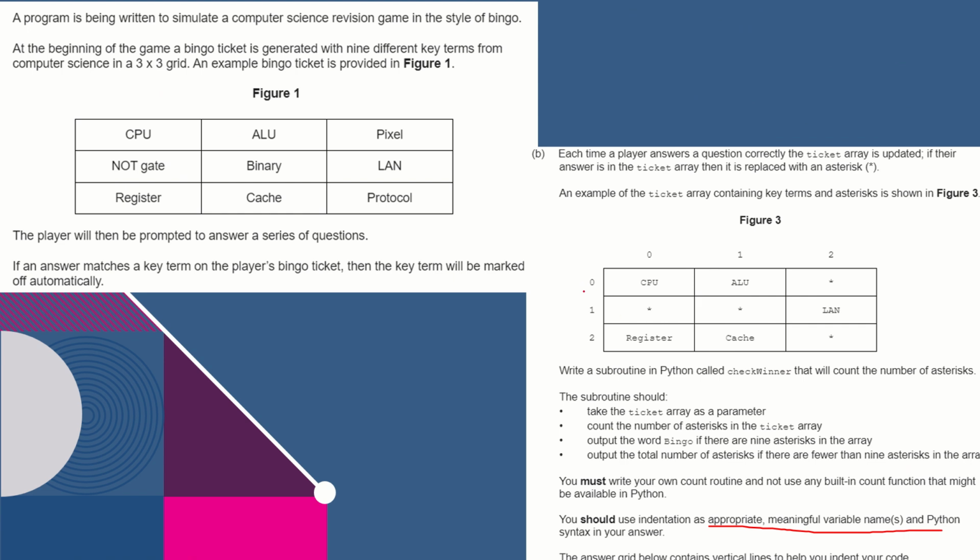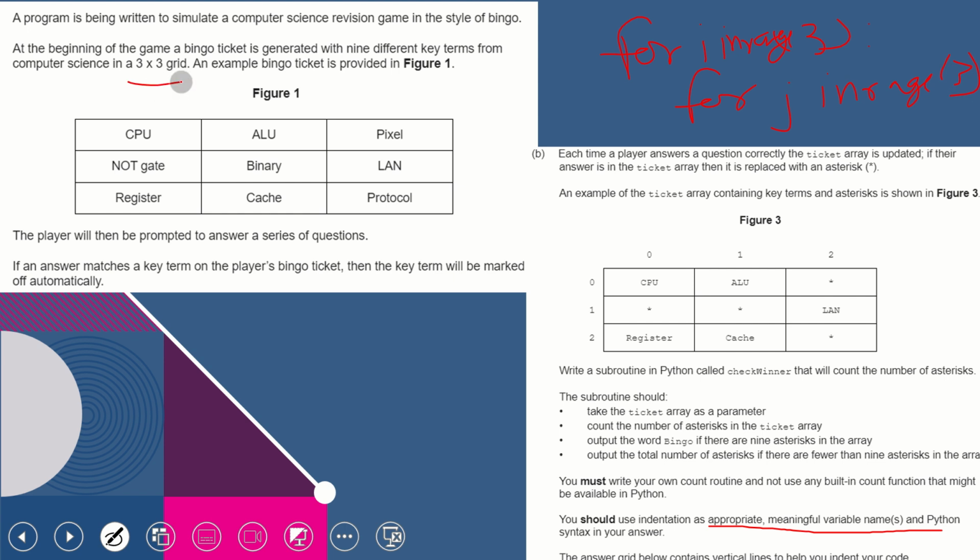Alternative way, rather than saying ticket[0][0] is it equal to asterisk, ticket[0][1] is it equal to asterisk, and so on, you can have a for loop where i is in the range of 3. I'm not writing everything, you can look at the mark scheme later on. i in the range of 3, and then you have one more for loop inside it with j in the range of, again, 3.